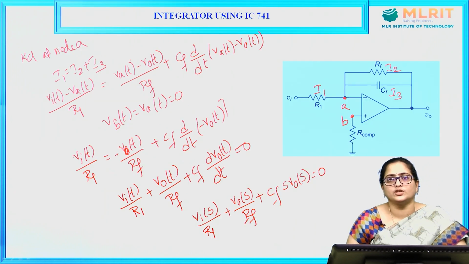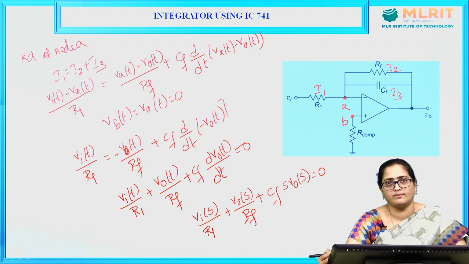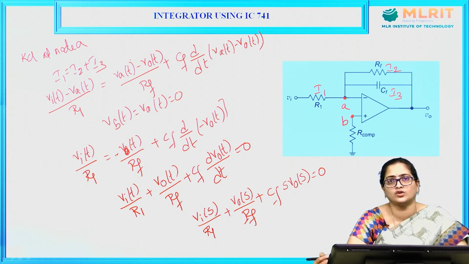So in the frequency domain you can write the expression as Vi(s)/R1 + Vo(s)/RF + CF·s·Vo(s) = 0. We want the expression in terms of Vo(s).